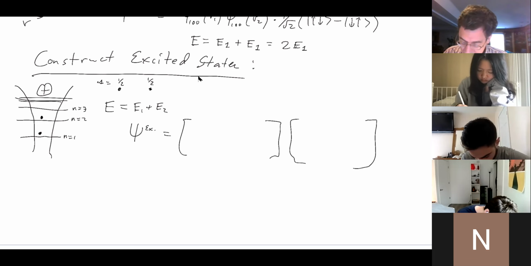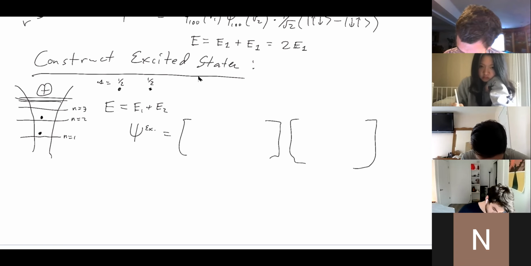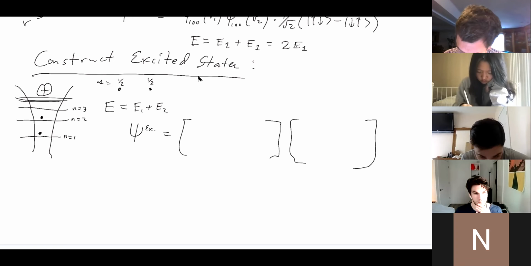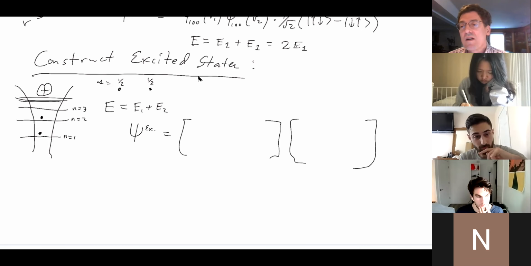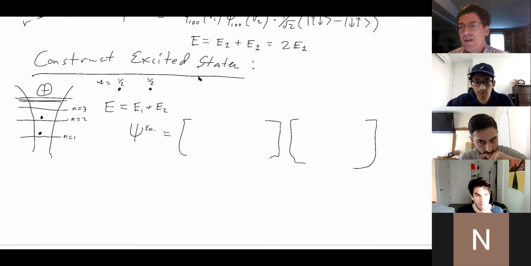So what's the spatial part? It would be a linear superposition of the two product states, psi1 psi2 and psi2 psi1.